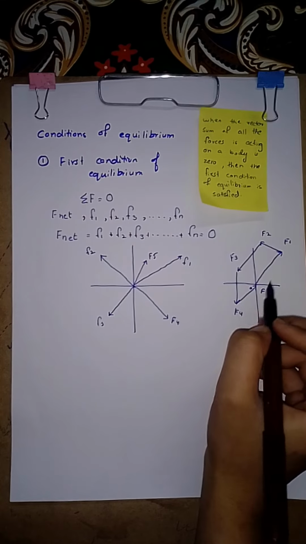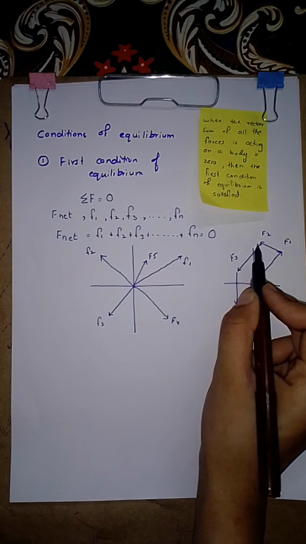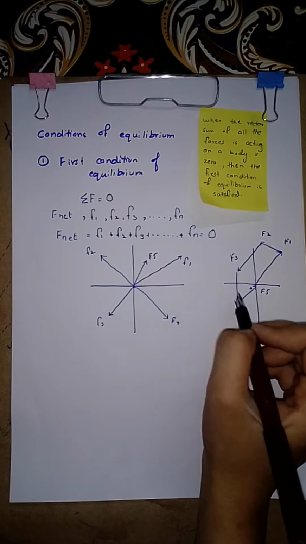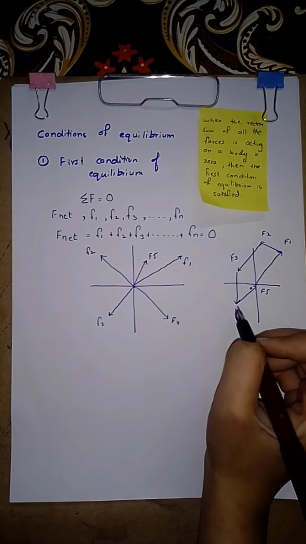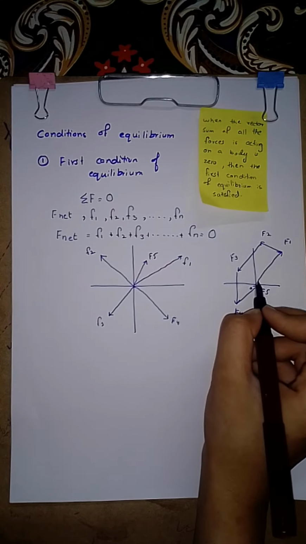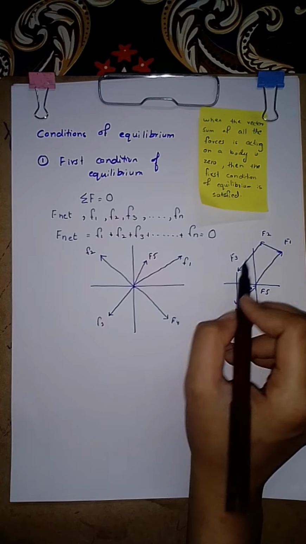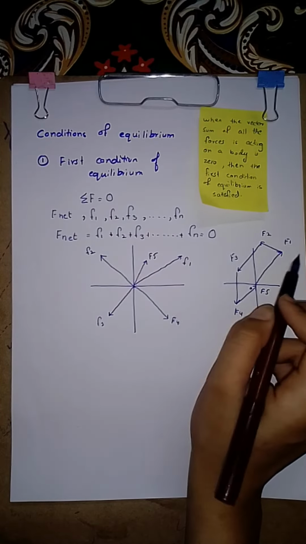On the head of F1 I have drawn F2, on the head of F2 I have drawn F3, on the head of F3 I have drawn F4, and on the head of F4 I have drawn F5. It means the resultant is equal to 0.